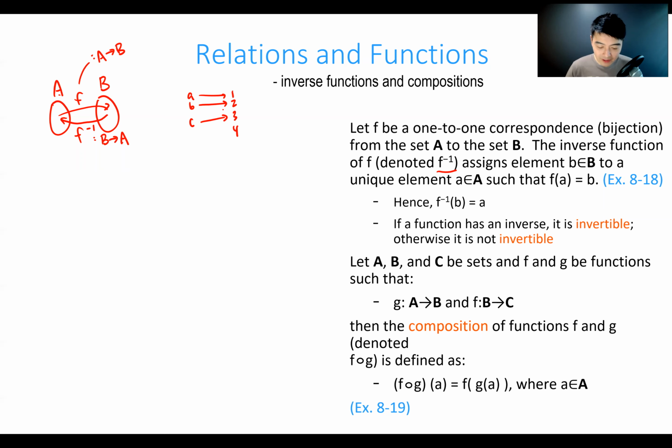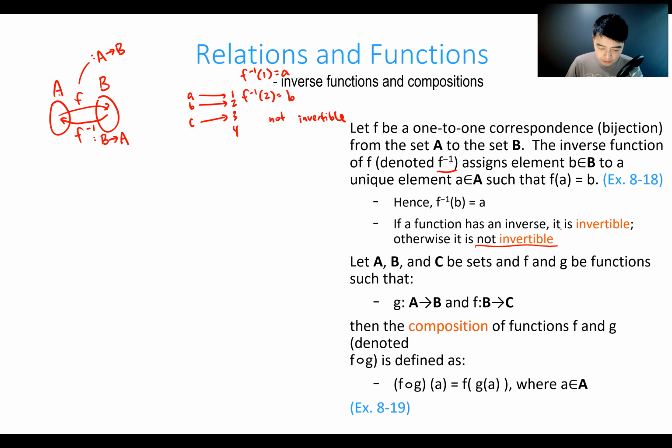Now, if I was to define an inverse for this function, I can say F inverse of 1 is equal to A, F inverse of 2 is equal to B, and F inverse of 3 is equal to C. But then what is the F inverse of 4? Well, I don't know. There's no F inverse. So therefore, the inverse is actually not a function. So in this case, we say that this function is not invertible.